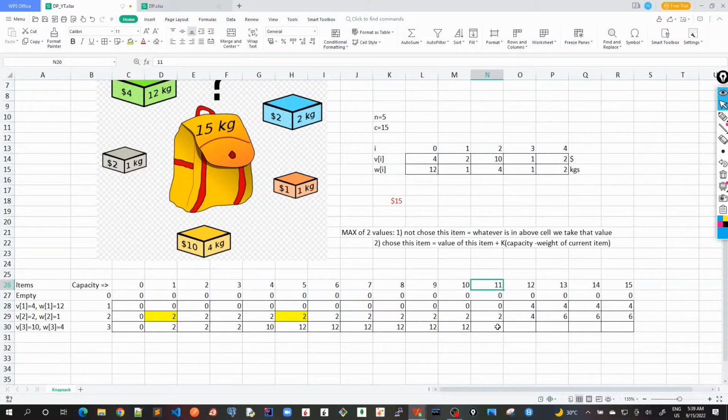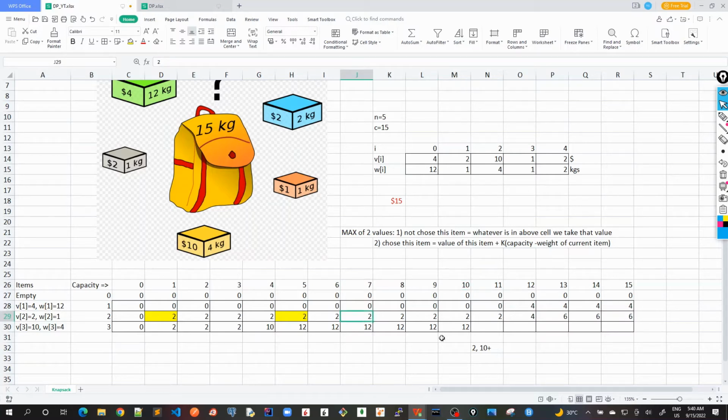Again, if we have a capacity of 11, either we don't choose this item, so it should be max of 2, or the value of this item. If we include this item, the second case, then the value of 10 plus whatever was there with 11 minus 4, which is 7.